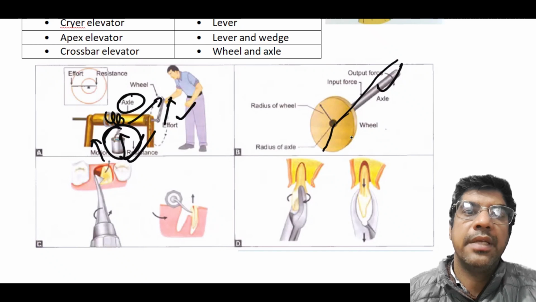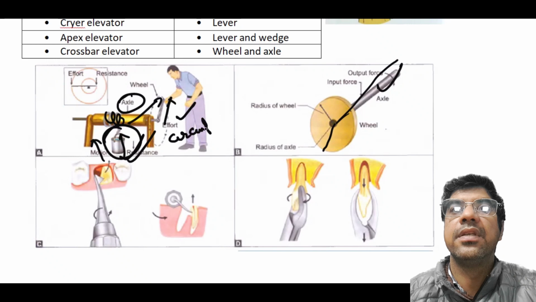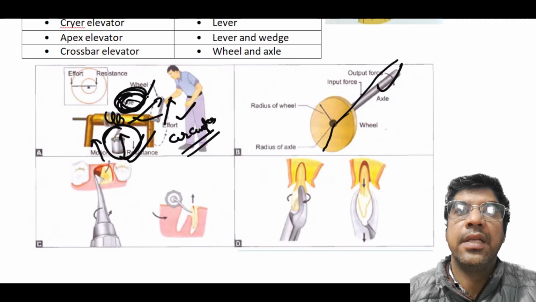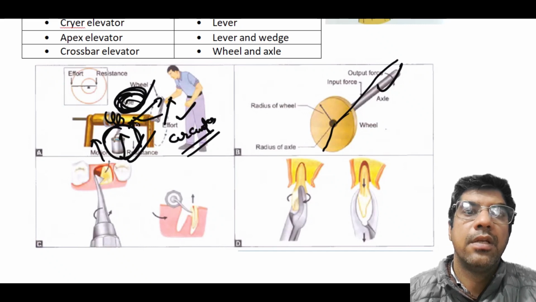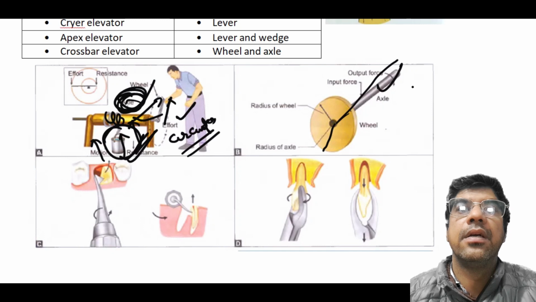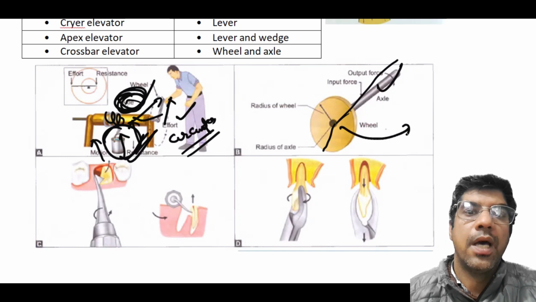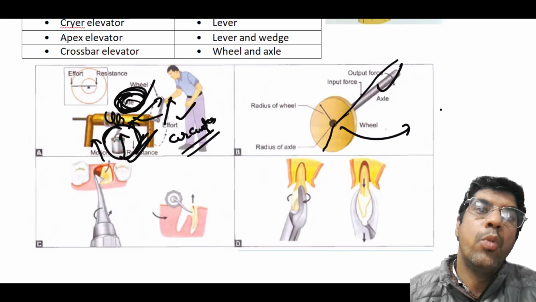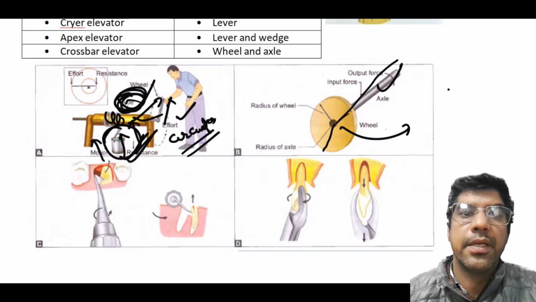This torque is what helps to lift the heavy load. The effort we apply to the wheel circumference turns the axle, so it raises the weight. Remember, the larger the diameter of the wheel, the more mechanical advantage you get.